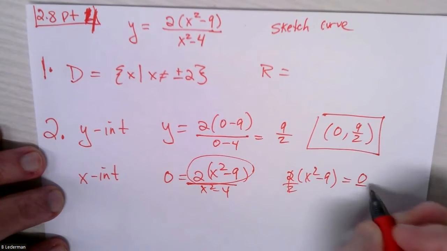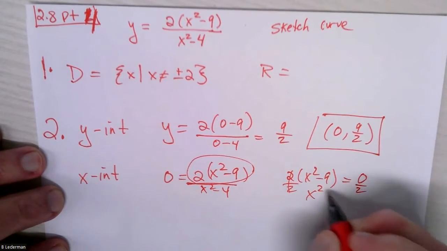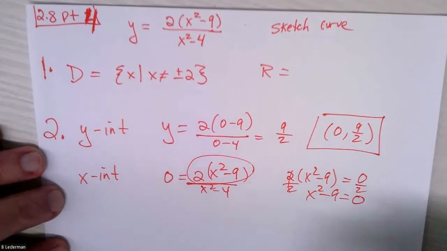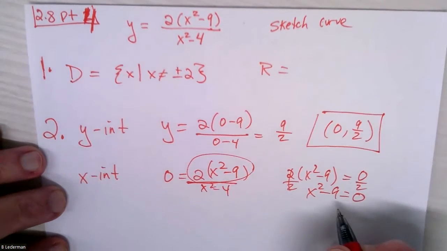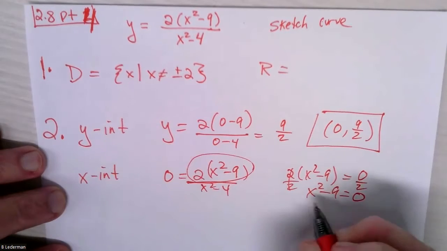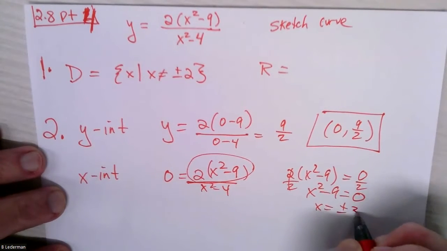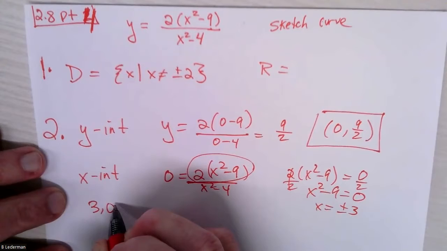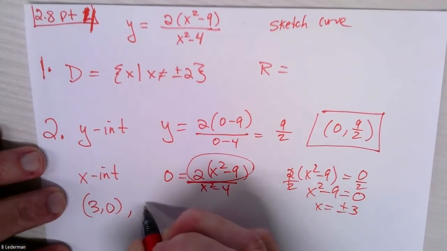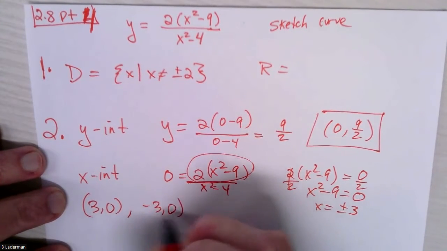Because I divide by 2, it's still x squared minus 9 equals 0. So therefore, the x-intercepts are plus or minus 3. So the x-intercepts are (3, 0) and (-3, 0).